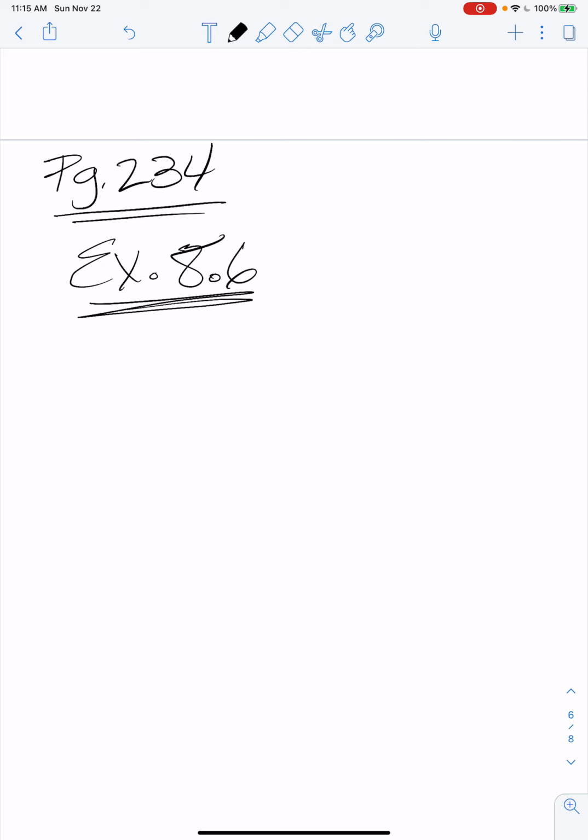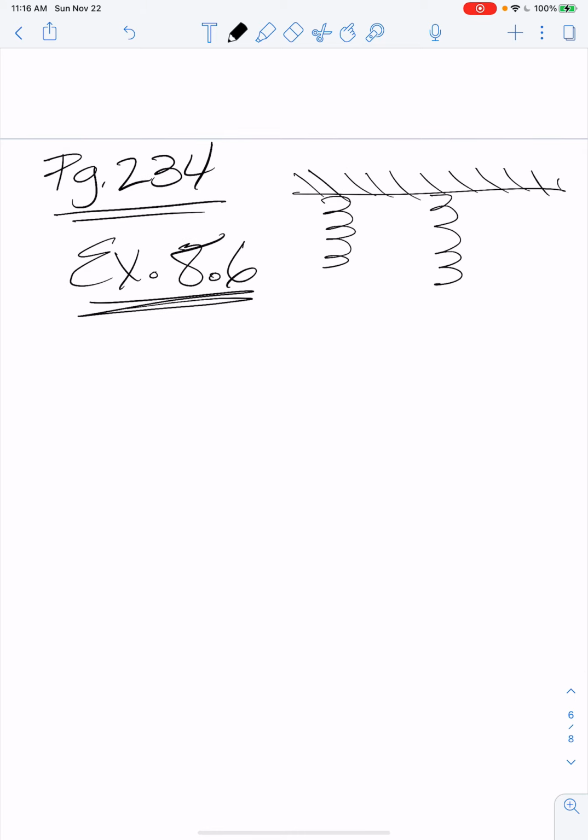Okay. So it says a scale used to weigh fish consists of a spring hung from a support. Okay, so I think what we're going to do here is we're going to have a spring hanging from a support. Here's my support. Here's my spring. And then we are going to attach a fish. And I got to draw a fish.